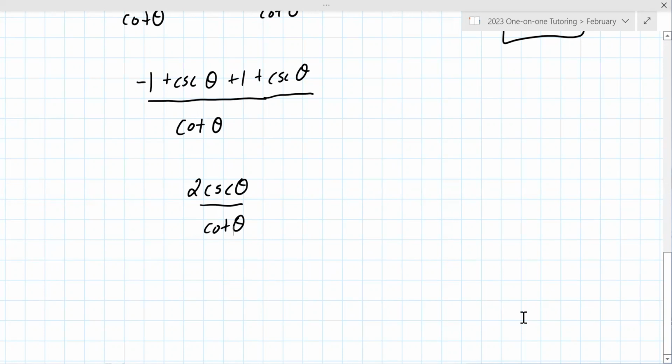Can you split it into 2? No splitting here. This goes back to one of the very first strategies.